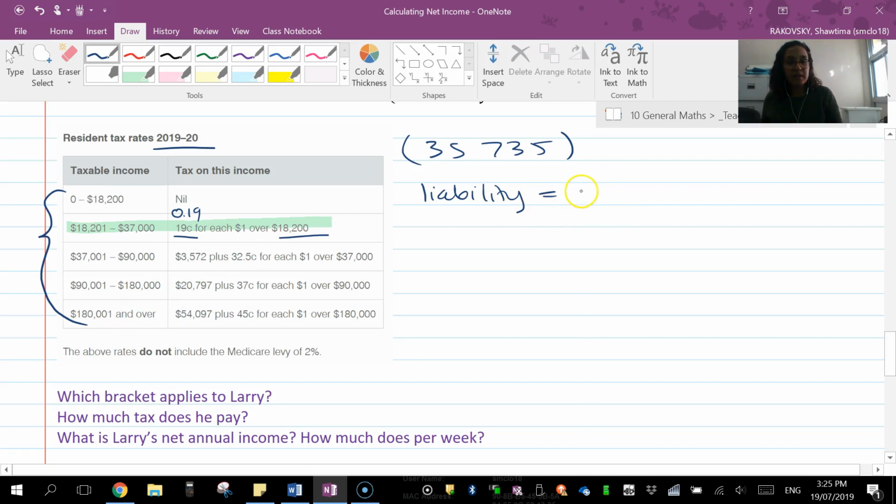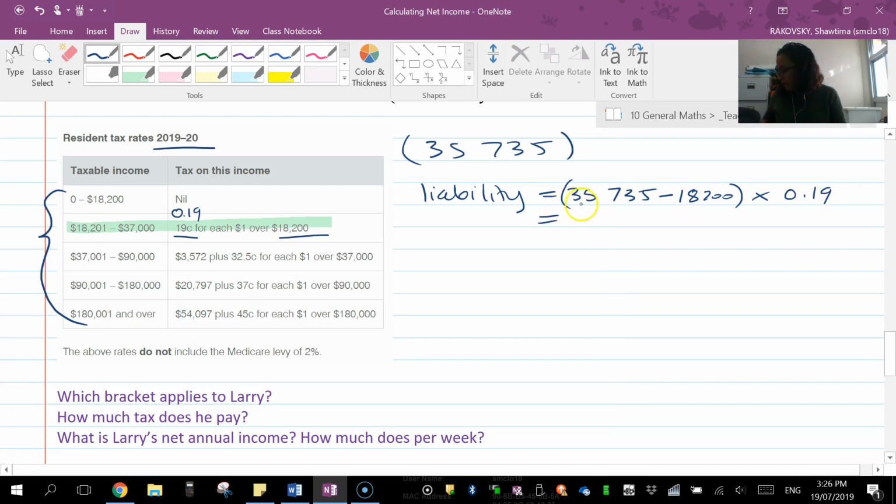So his tax liability is going to be your taxable income, $35,735, minus the 18,200, and what you're left with, so finding that difference, is going to be multiplied by 19 cents, or 0.19. If you multiplied it by 19, that gives you how many cents, and then you would have to divide by 100. If you just convert to this, you don't have to do that. So keeping it in dollars makes it easier.